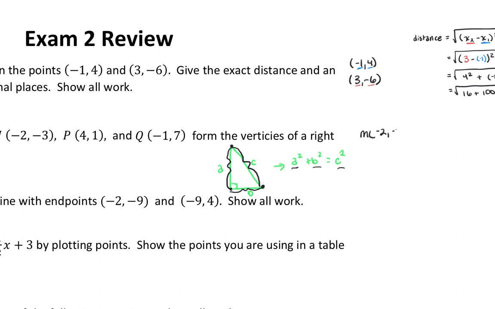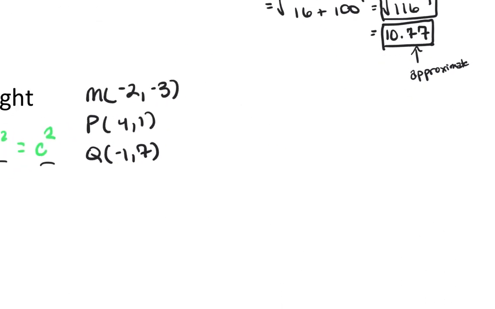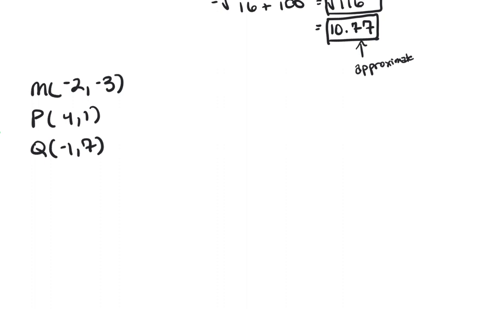M is (-2, -3). P is (4, 1). Q is (-1, 7). So I'm going to go ahead and zoom us in. So I'm going to do a rough plot, a rough sketch of what we have going on here. So our first point, (-2, -3), is somewhere here, right?